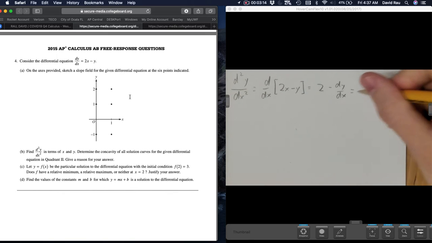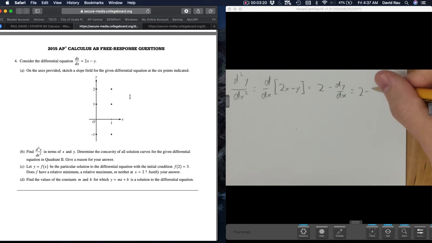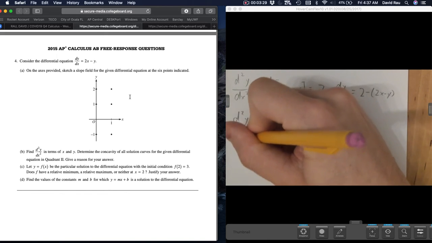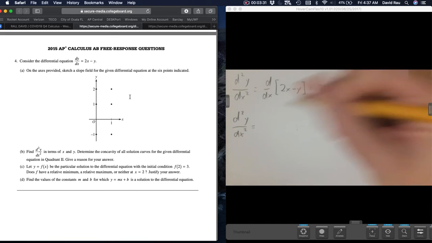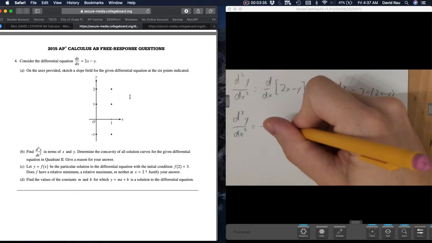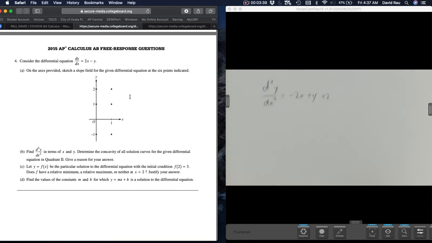Okay, but now notice that that's really 2 minus, well, dy dx isn't just a thing, it's actually a full expression. And so we can simplify that. So we can say d squared y over dx squared is -2x plus y plus 2. There we go.